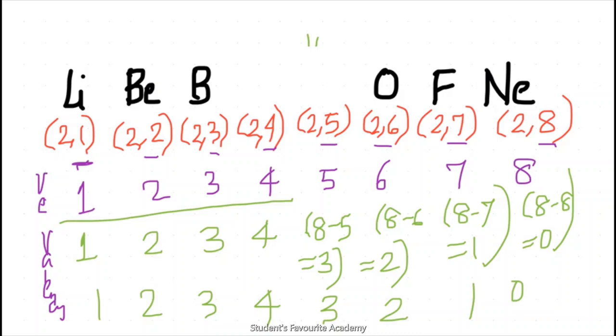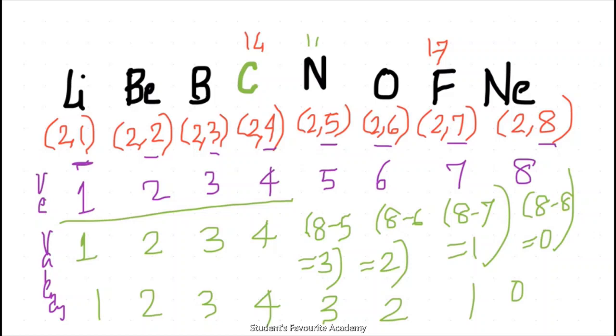So write down here, I have carbon, I'll write it with the black ink, and then I have nitrogen. So what do I notice? Carbon is of group 14. What happens, children? The valency tends to increase, and then as we move towards group 17, the valency tends to decrease. So this is the trend which I observe in the valency.